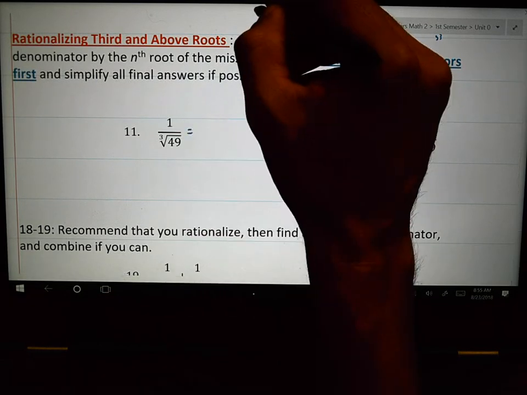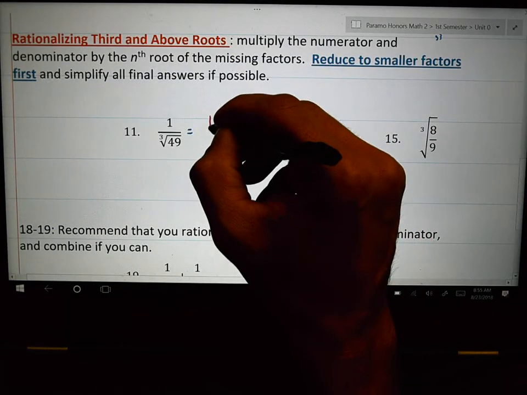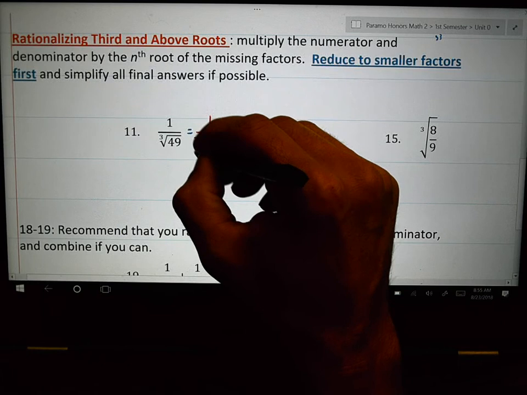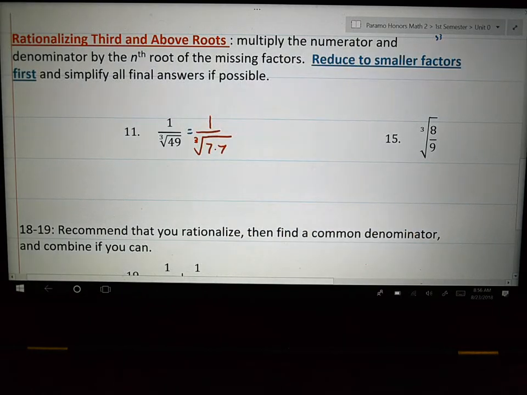Let me go back to red because it just shows up so much better. Don't think of this as 49. Think of this as 7 times 7. Because when you make things smaller, then you realize I only need 1 more 7 to have a triplet. Now I need only 1 more third root of 7 in this group so that it could break out, and then I would have no more radical in the denominator.